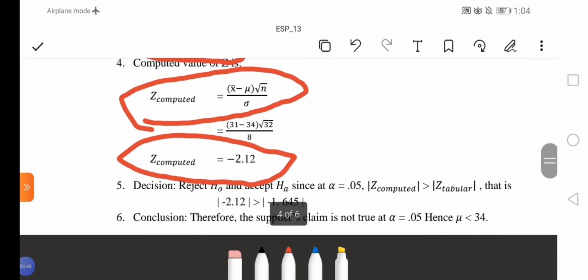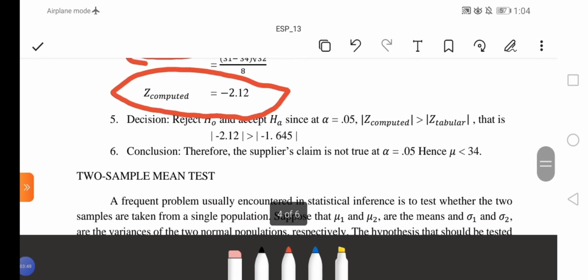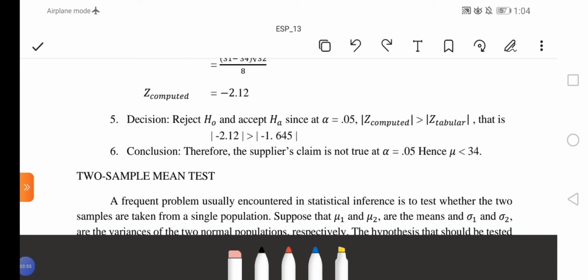For our next step is decision. This is the fifth step. Since our absolute value of z computed is greater than, the decision is reject the null hypothesis and accept the alternative hypothesis.